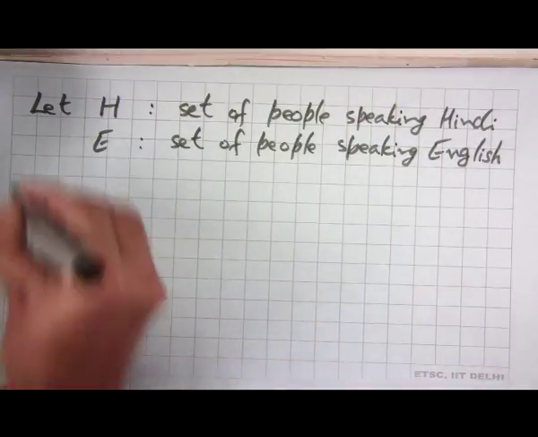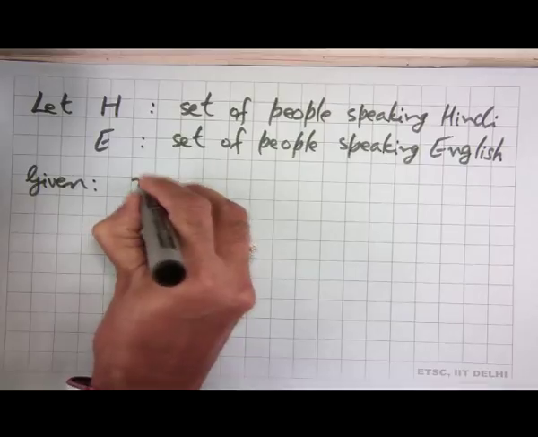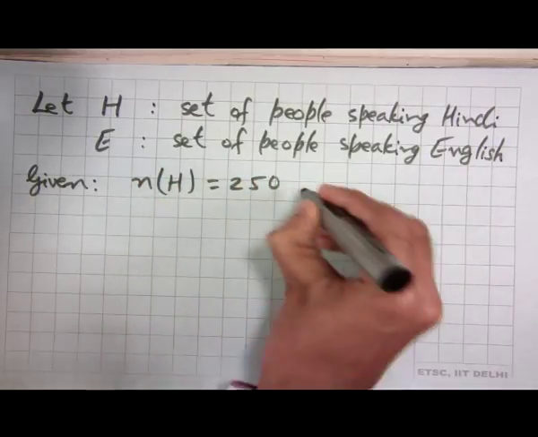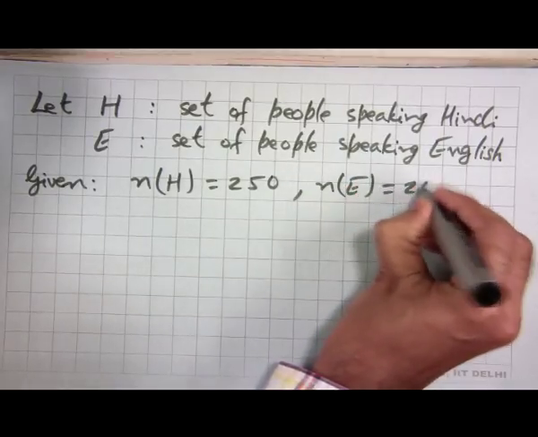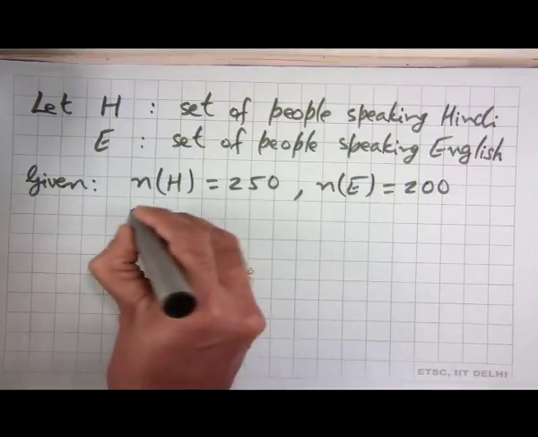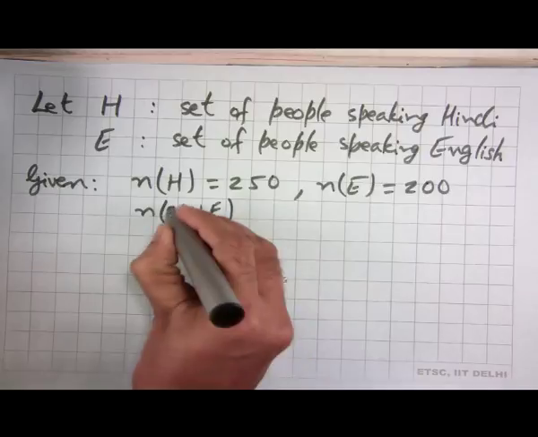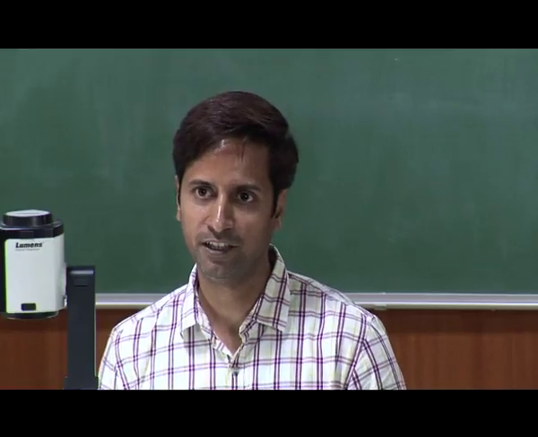So, what is given is n of H is 250, n of E is 200 and n of H union E. H union E is the set of people who speak either Hindi or English.